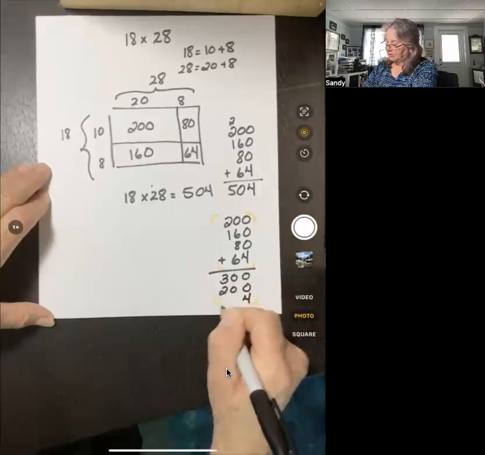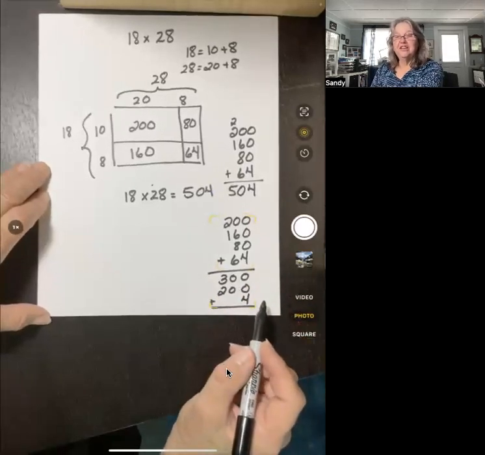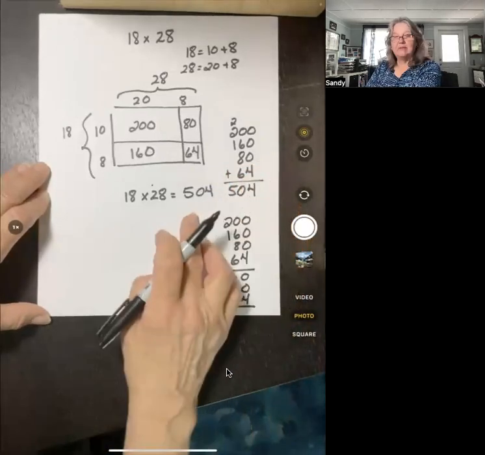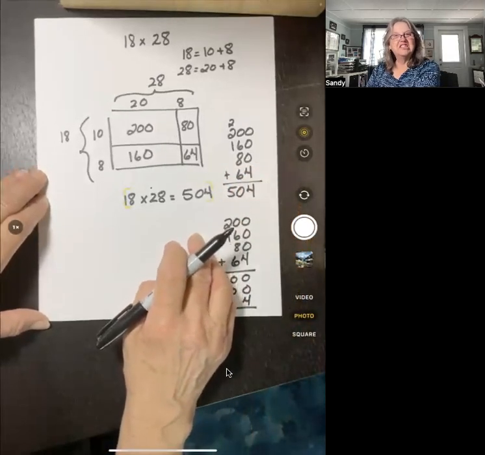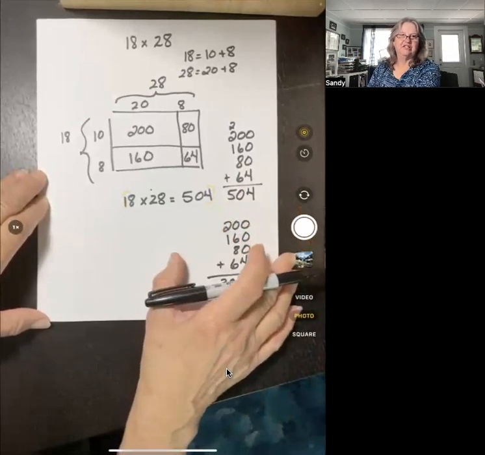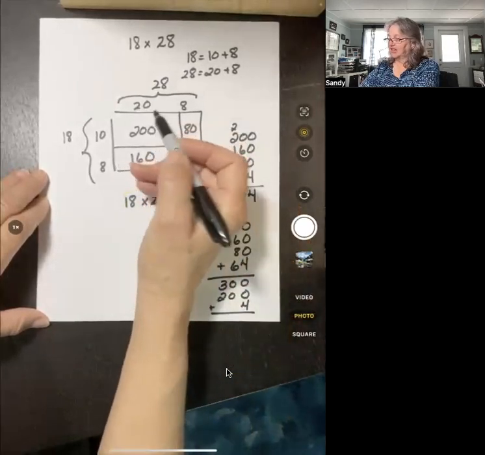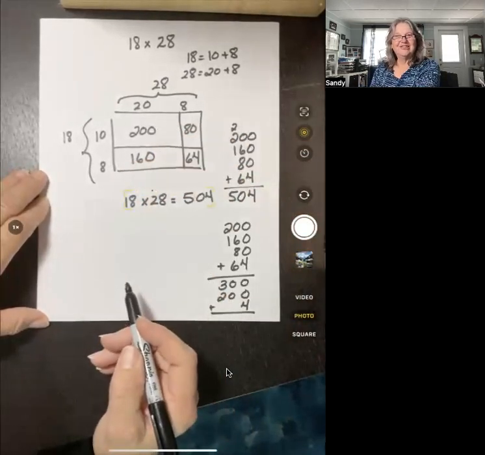And then I have the 4. See, partial sums. I'm using place value. No matter how I do it, I'm still coming up with 504. And this is the area model for multiplication, 2-digit by 2-digit. 3-digit would be similar, except I'm just going to cut it into 3 sections, okay?